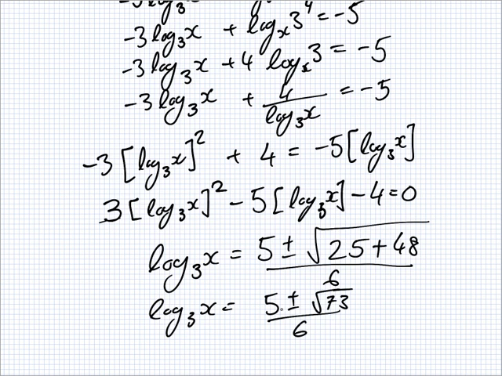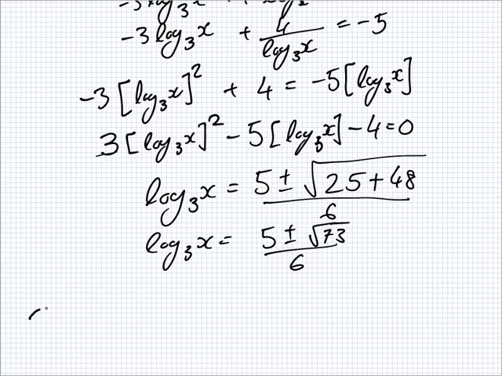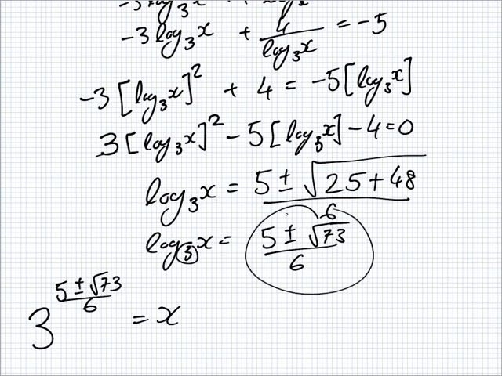So do you realise what exactly you're saying here? What you're saying here is 3 to the power of 5 plus or minus root 73 over 6 equals x. Because remember, that's what log means. You're saying 3 to this power will give me x. So that's how we get our two answers.